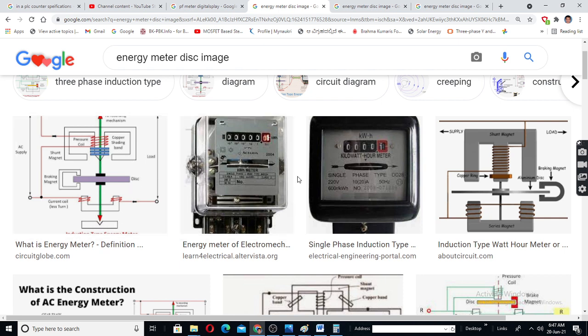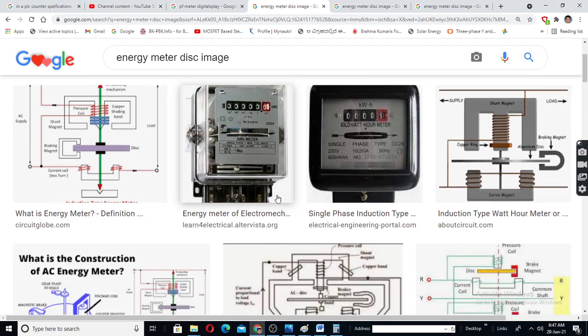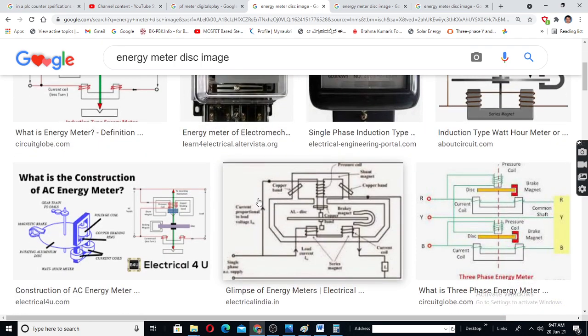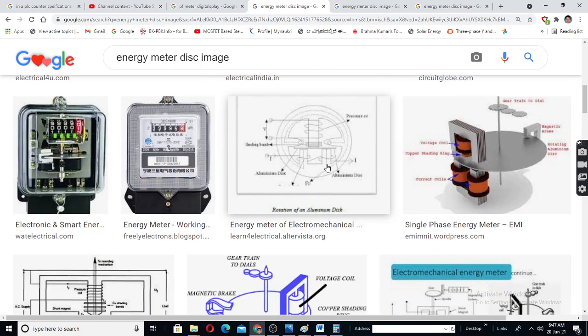This disk will be rotating when energy is being consumed. The rotation of the disk is mechanically coupled to the gear system, which increments the reading. Digital meters do not have a disk.